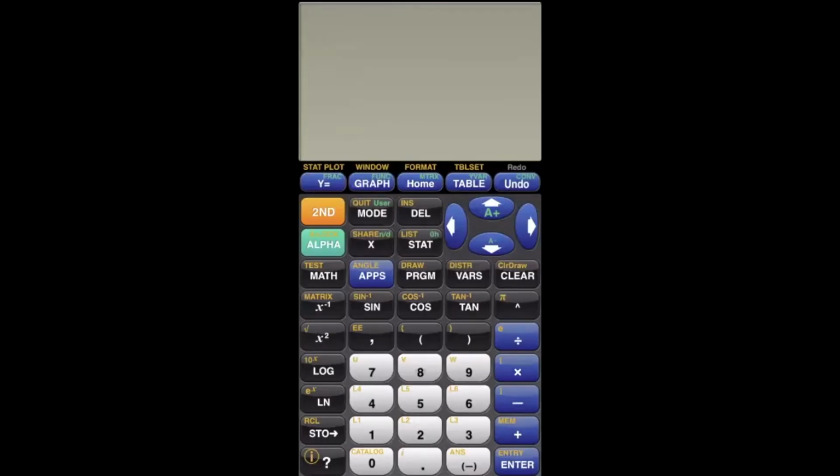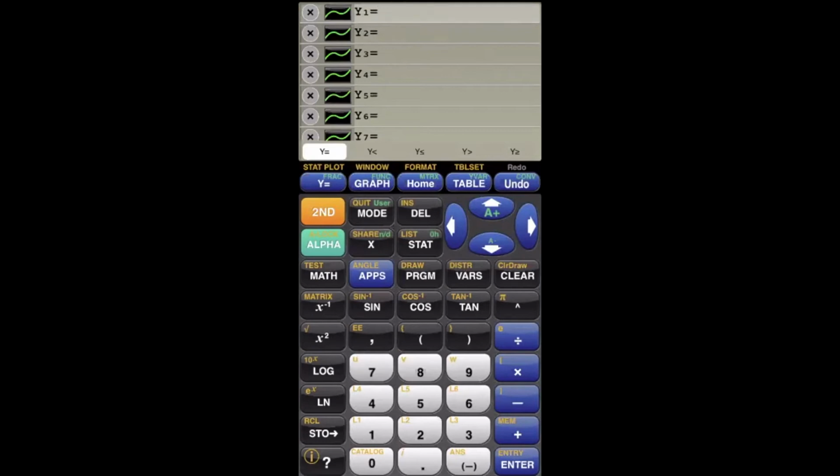Okay, here we are. So the first thing I'm going to do is hit second table. That brings me into table settings. And remember, I said I was going to set table start equal to 2 and set delta table equal to 0.5. So now what I want to do is go into the y equals screen.